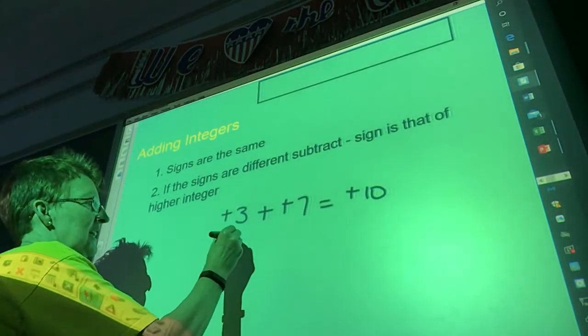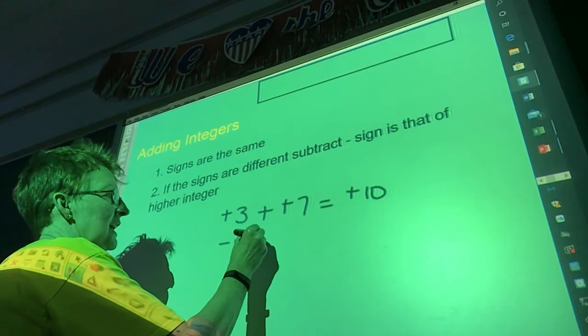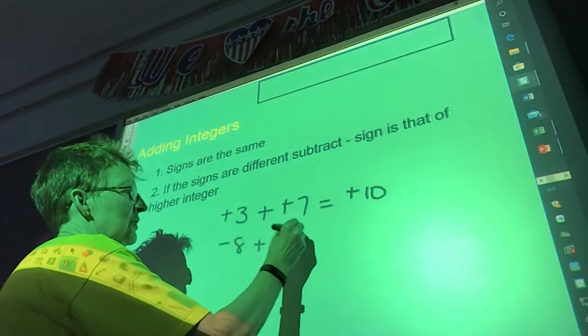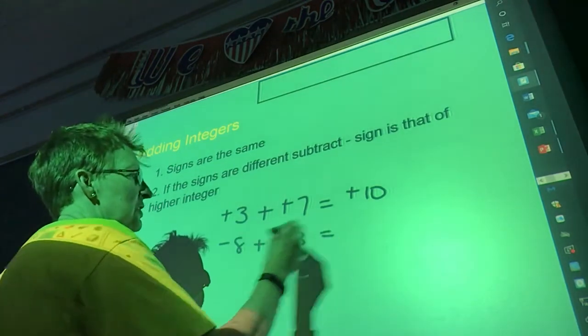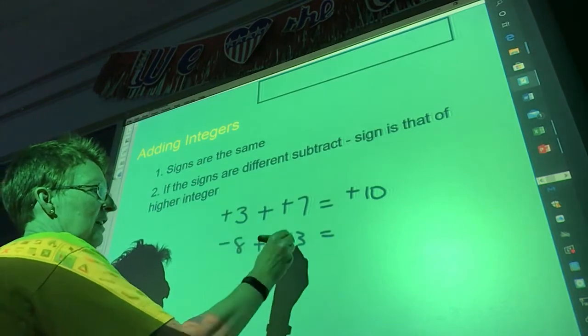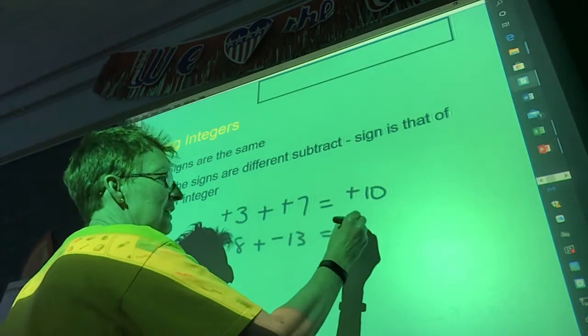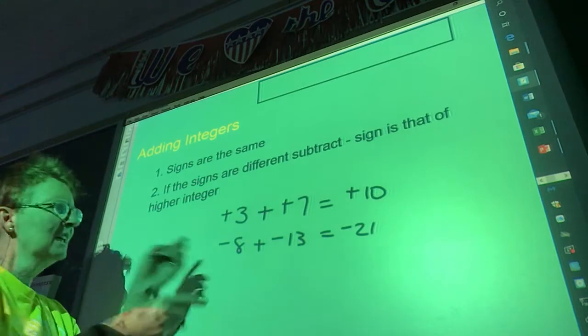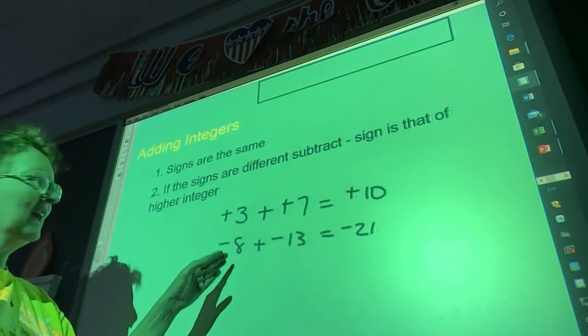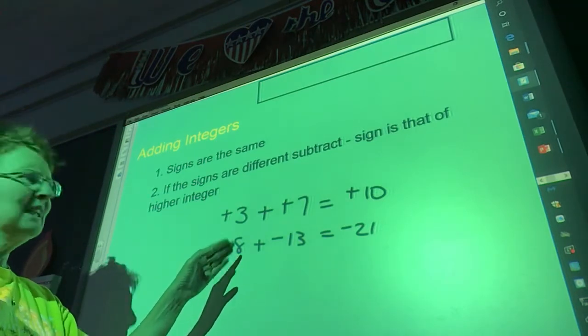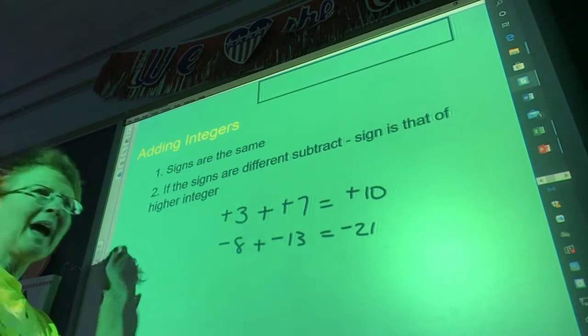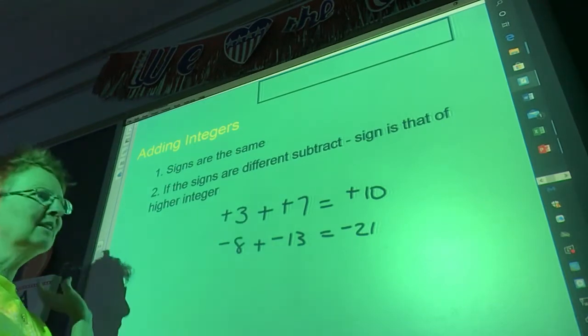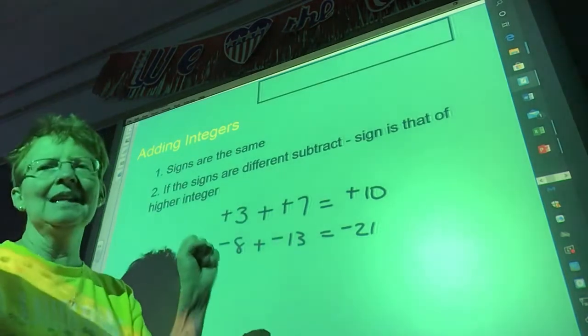If I have a negative 8 and I'm adding a negative 13, I add the 2 numbers. It would be 21, and it's a negative 21 because, on a number line, I'm at negative 8, I go back 13 in the negative direction, so I'm at negative 21.